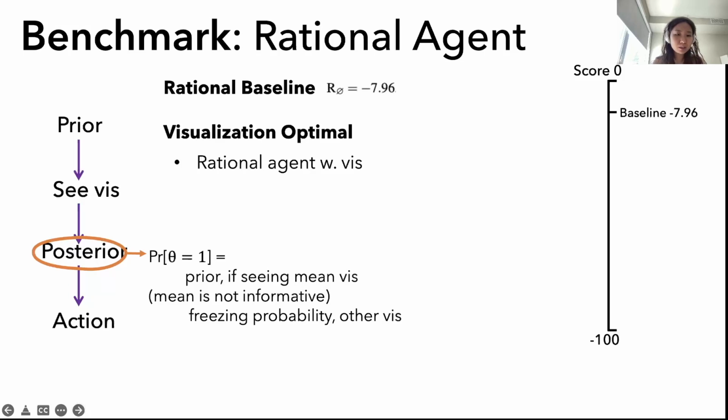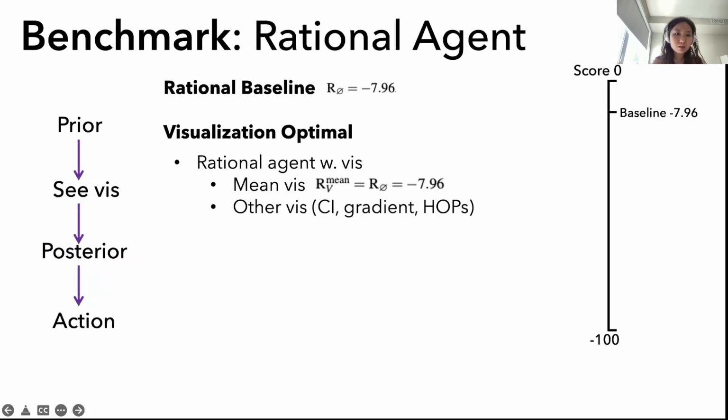But they know the freezing probability in that trial for other visualization strategies, because other visualizations show the distribution of the temperature. So for mean, the upper bound is the same as the baseline because the mean is not informative. And for other visualizations, the upper bound is something that's improved, around -5.